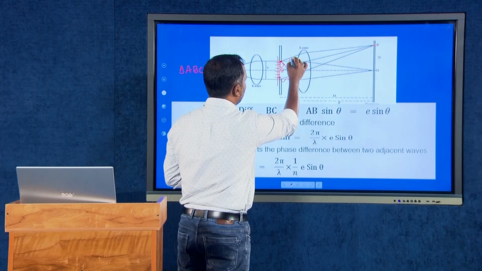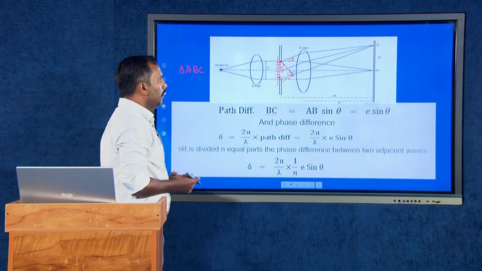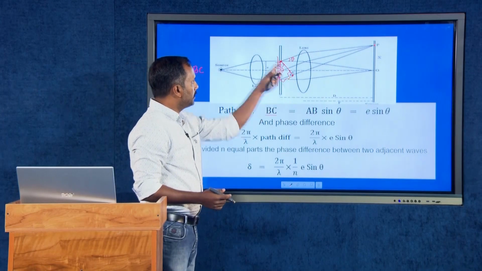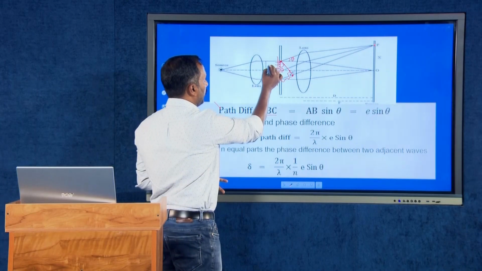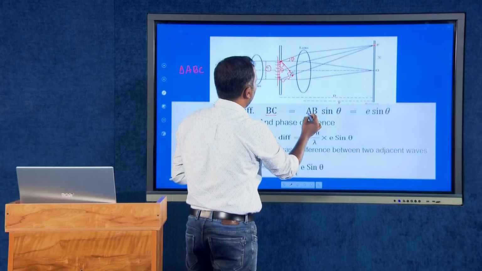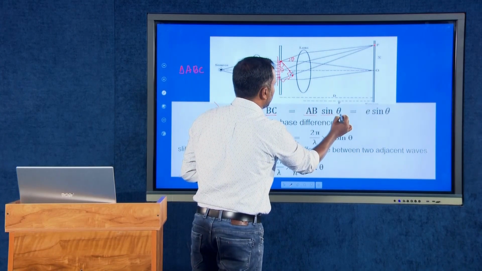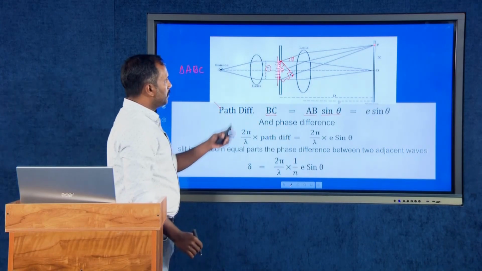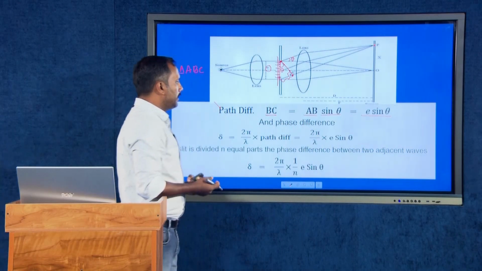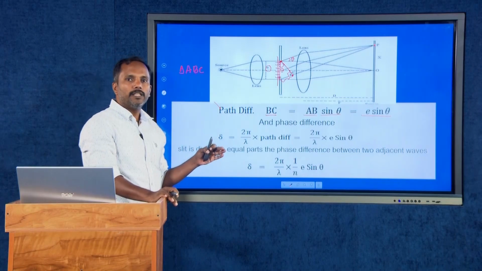So sin theta equals the opposite side by the hypotenuse, that is the slit width AB. Therefore the path difference BC can be written as AB into sin theta, and AB is nothing but the slit width e. Therefore we have the equation e sin theta.